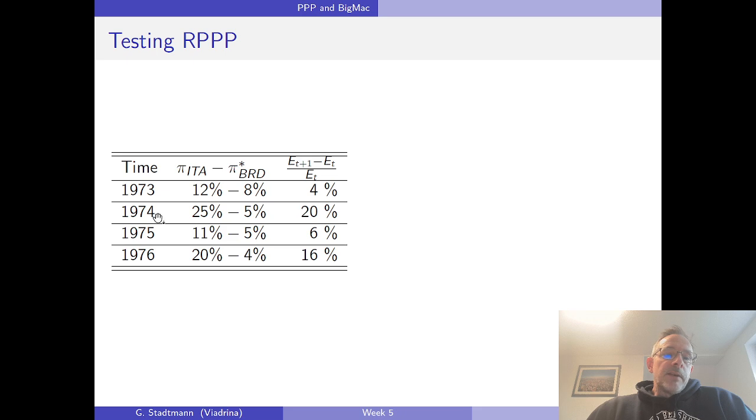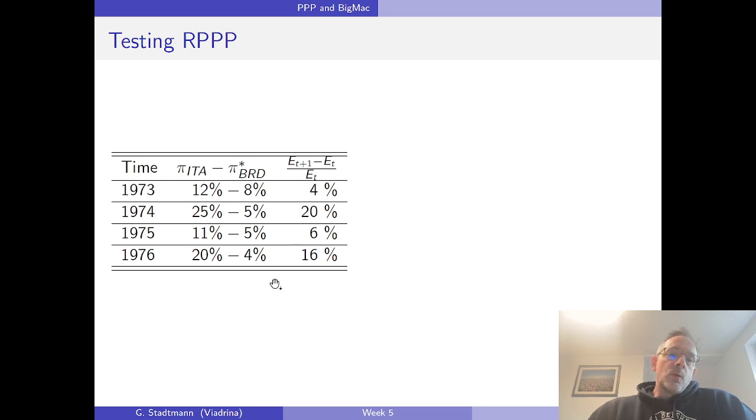In the year 1974, the inflation rate in Italy was 25%, and in Germany 5%, so the inflation differential is 20%. And in case that purchasing power parity holds perfectly, the exchange rate should increase by 20%. In 1975, the inflation differential was 6% and hence a 6% increase in the exchange rate. And in 1976, a 16% inflation differential, and the exchange rate should increase by 16%.